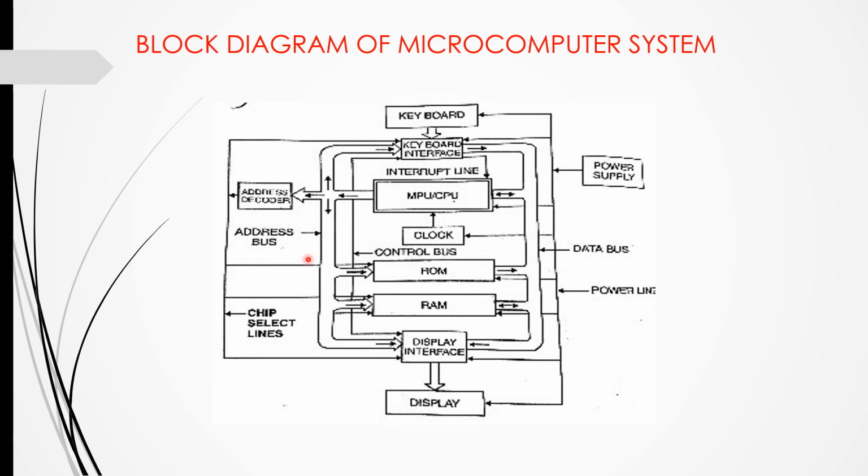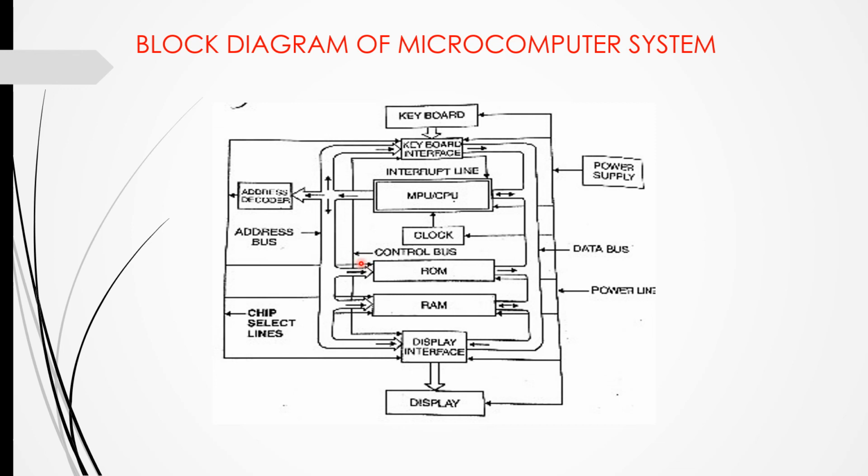Address bus is 16-bit. So 16-bit address bus is used to flow bits of required memory to devices. So address bus is used to flow address of particular memory locations. This is unidirectional and the width of this is 16-bit.